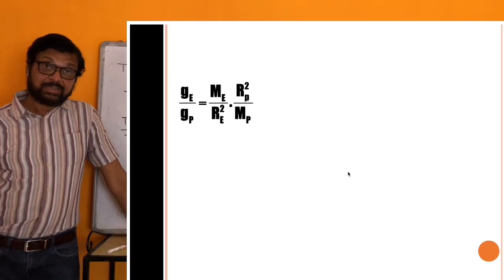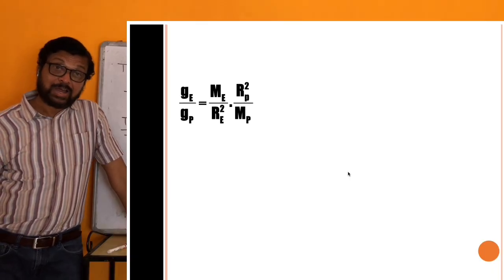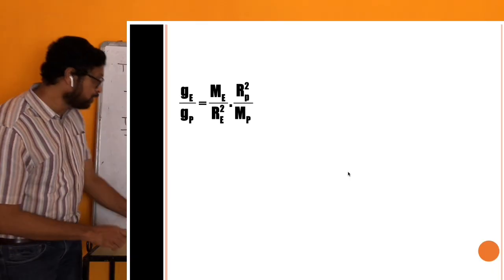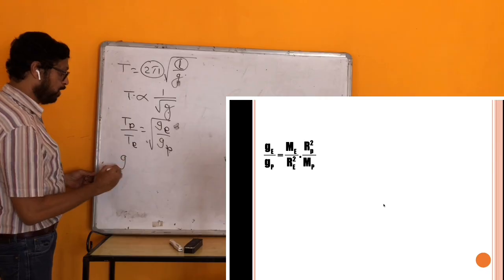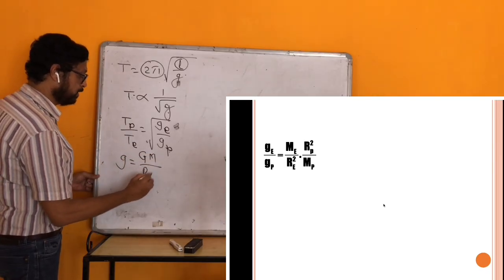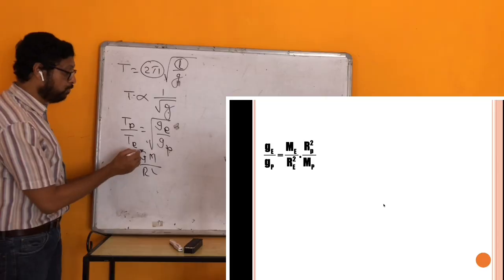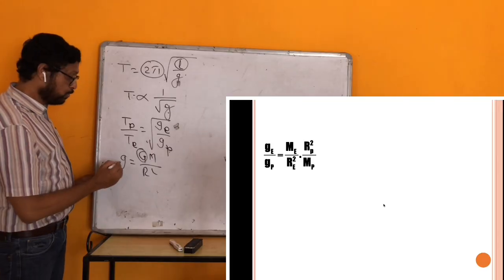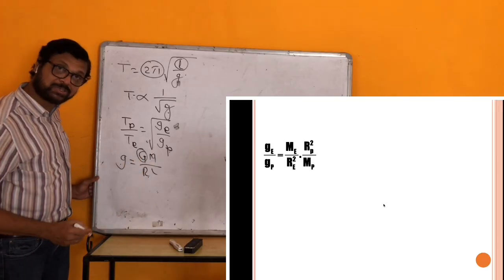G चा फॉर्म्युला आठवतो? स्मॉल g चा फॉर्म्युला आहे GM upon R square, where G is constant. So g will be proportional to M upon R square.